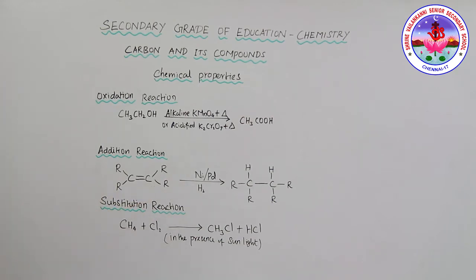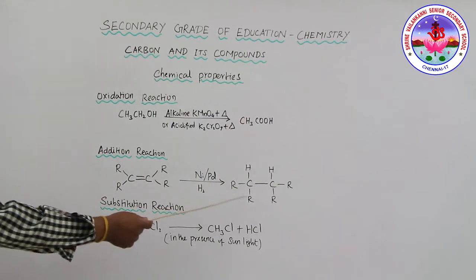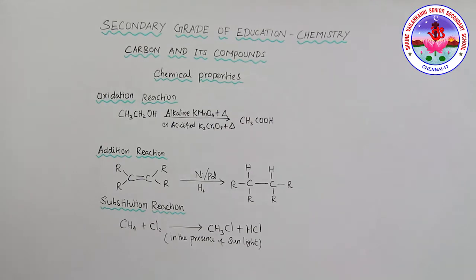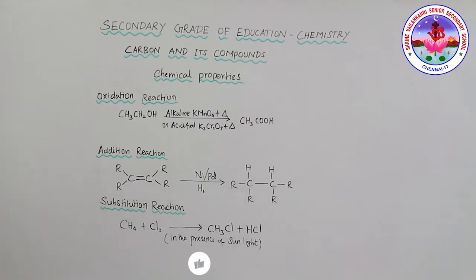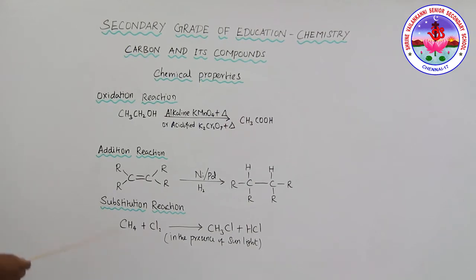Vegetable oils generally have long unsaturated hydrocarbon chains, while animal fats have saturated carbon chains. Next is the substitution reaction. Saturated hydrocarbons are fairly unreactive and inert in the presence of most reagents.